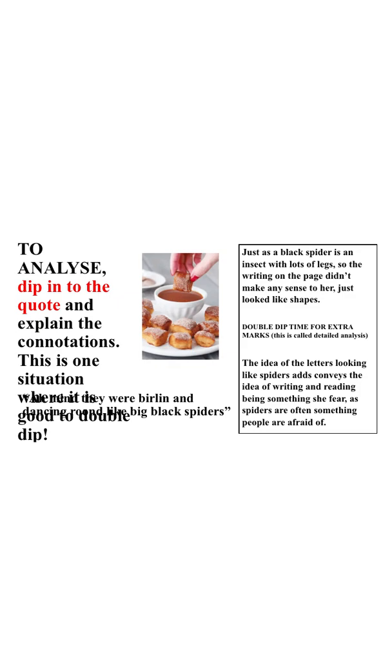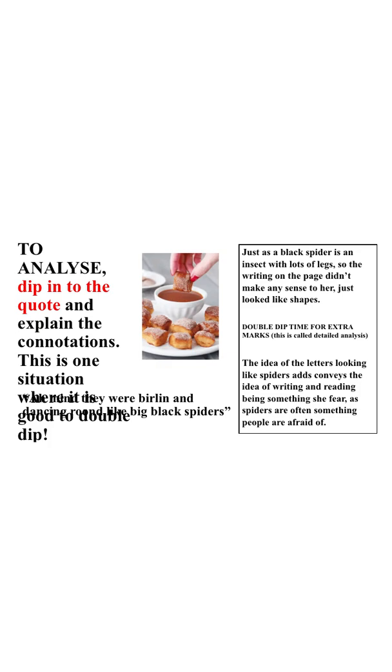The burling big black spiders, which is how she reads. It's what she sees when she reads. So if we were to ask, well, how does the writer use imagery here to explain how the narrator feels? Just as a black spider is an insect with lots of legs, so I'm explaining it literally. So the writing on the page didn't make any sense to her, just looked like shapes. So there you go, there's a mark. But what if I was to double dip?